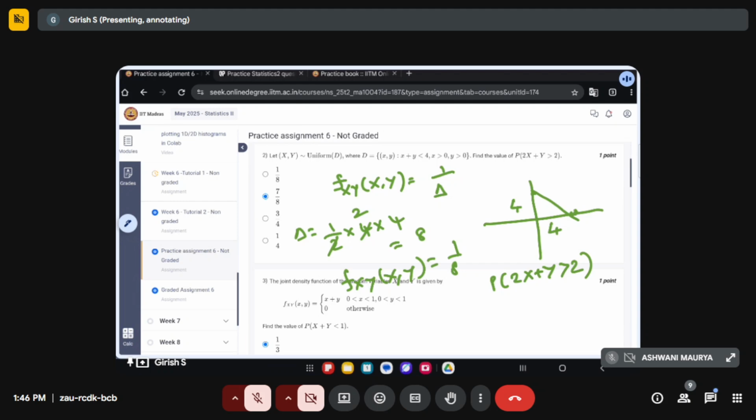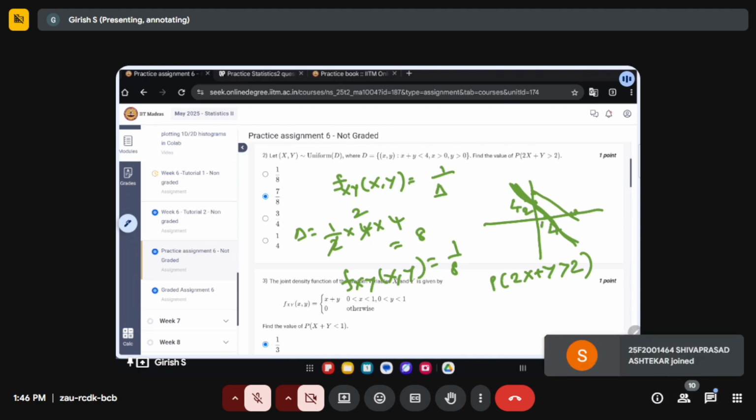When I consider x as 0, y is 2. When I consider y as 0, x will be 1. So these are the points. This is the line here. It passes through 1 comma 0 and 0 comma 2. And I have to find this area.